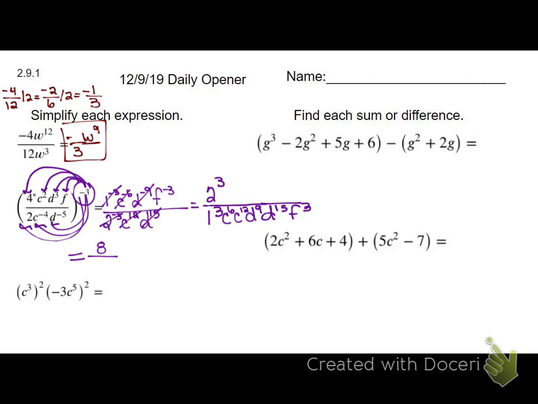Combine C to the 6 with C to the 12. And when you multiply those bases with the same exponents, what do you actually do to the exponents? Times them. Add them. Good, Emily. So it's going to be C to the what? 18.